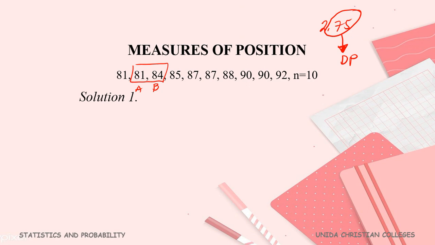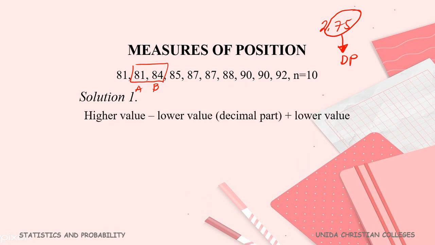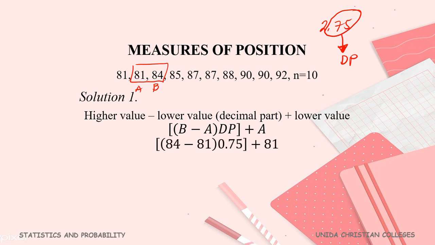So, we have this formula, higher value minus lower value times the decimal part plus the lower value, or B minus A times DP plus A. So, substitute to the formula, we have 84 minus 81, B minus A. DP is 0.75, and then A again is our 81.